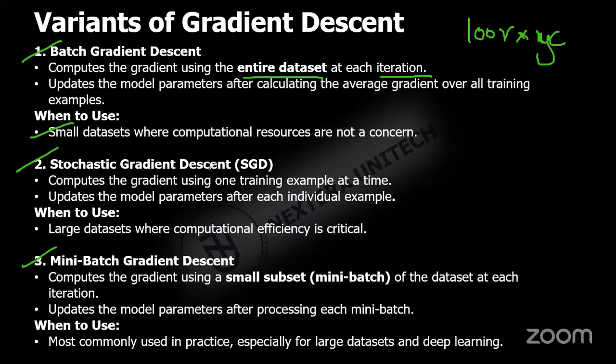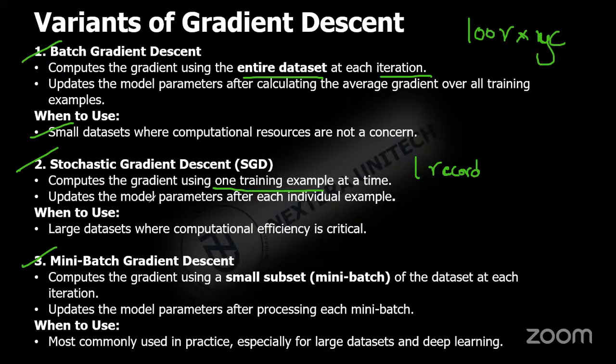Then coming to stochastic gradient descent, it uses only one training sample. That means only one record will be passed at a time. So it will update the weights for every record.